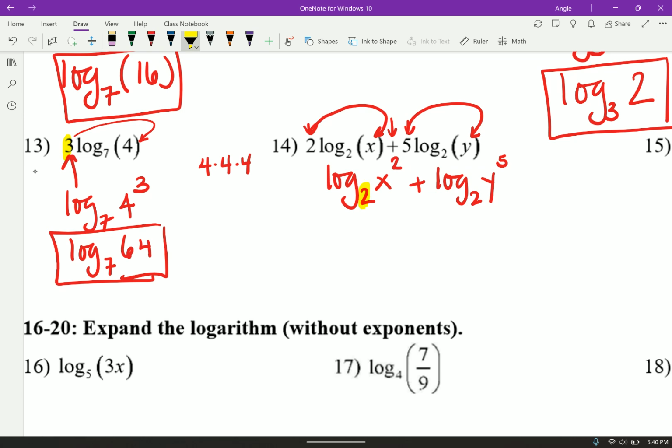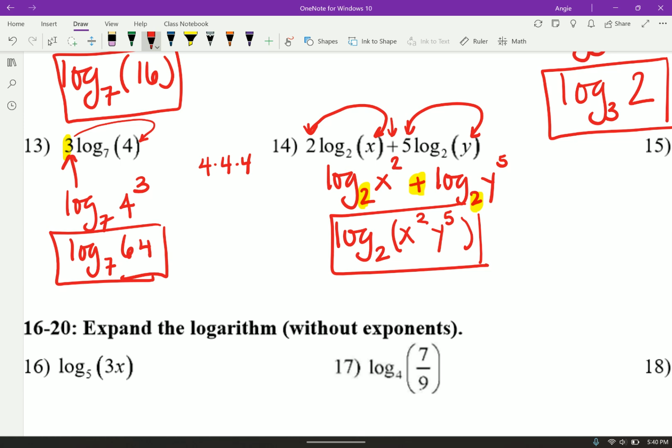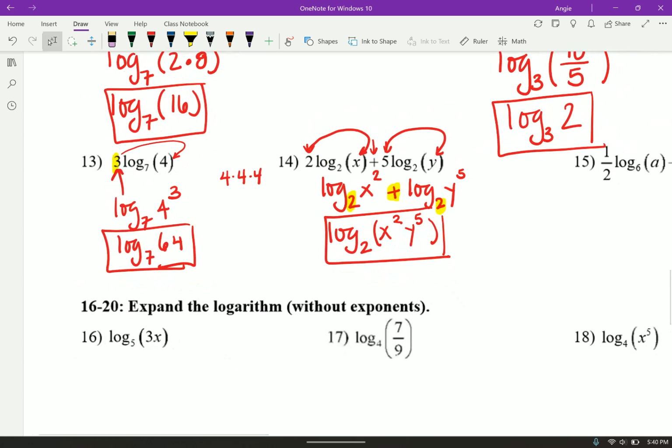Because the bases are exactly the same and we have an addition, we are going to rewrite it as a multiplication. So it's going to be x squared times y to the fifth, and we have one log with no coefficients.